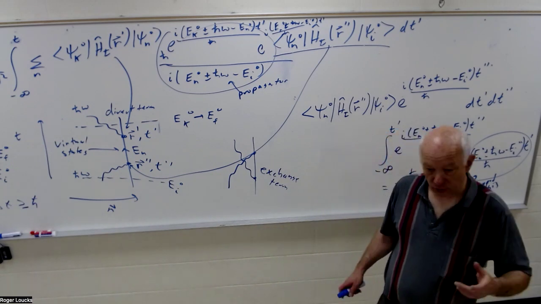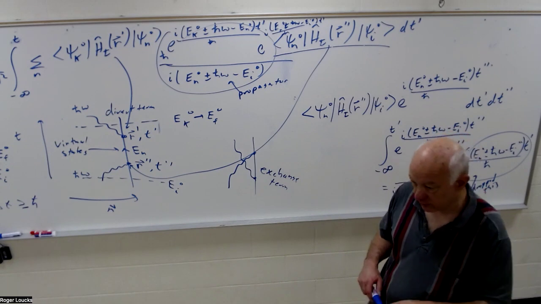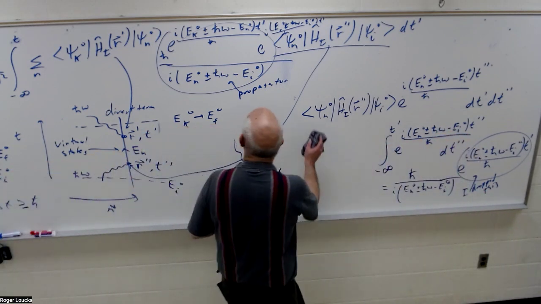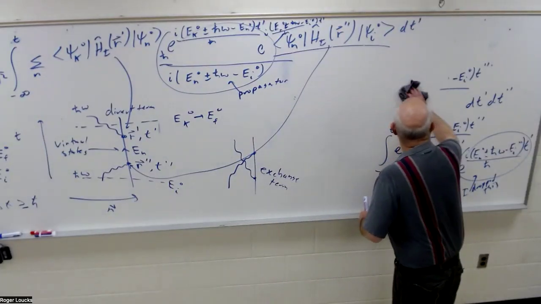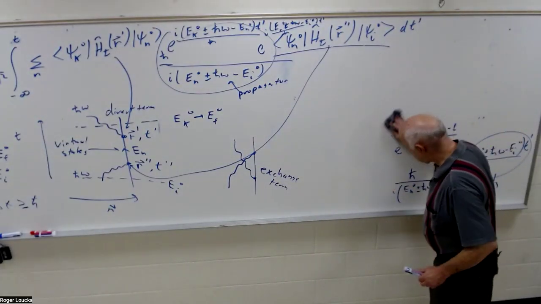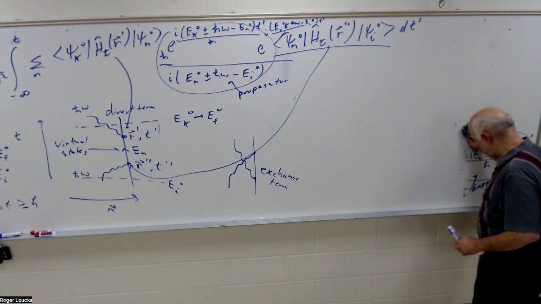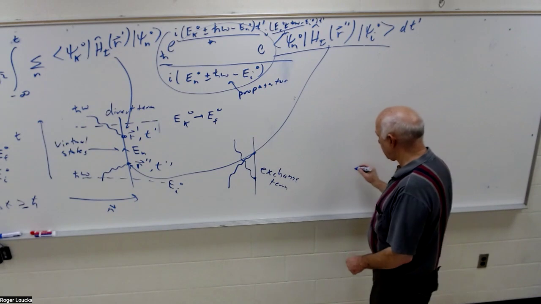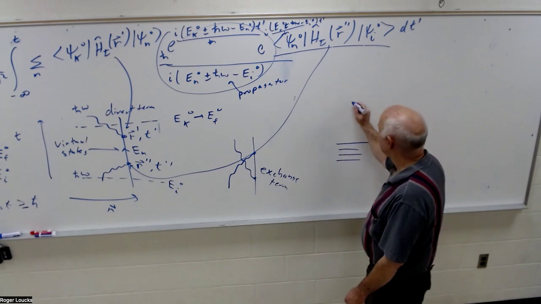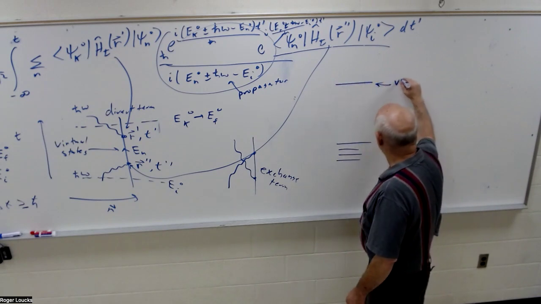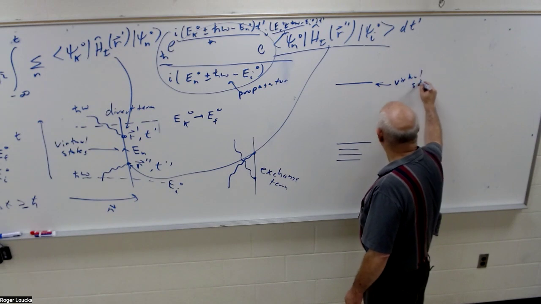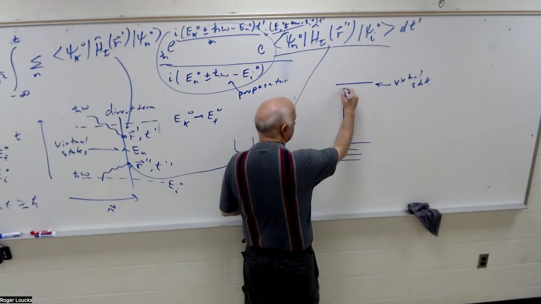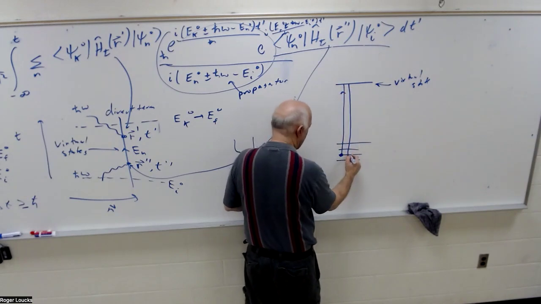Okay. So what happens in Raman scattering, the quantum theory, is this. If I have some virtual states here, I can go up to the state here, and I can fall back to that same state.